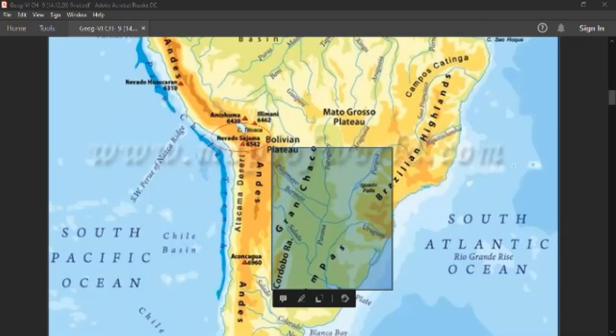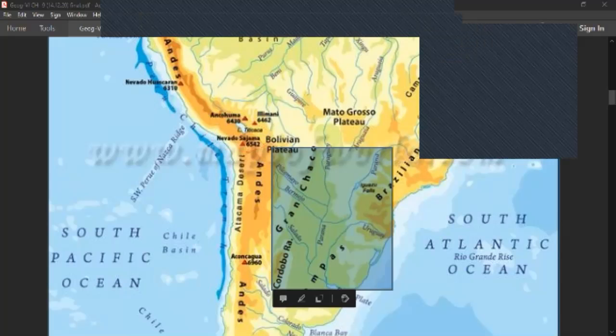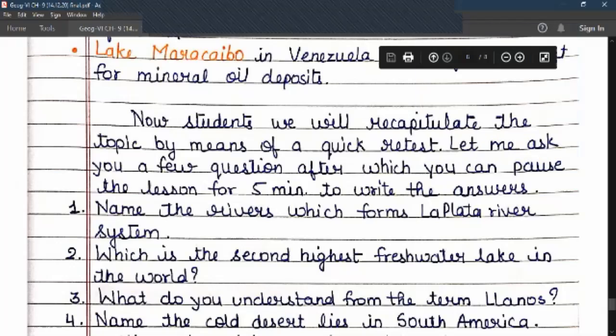Now students, we will recapitulate the topic by means of a quick retest. So let me ask you a few questions, after which you can pause the lesson for 5 minutes to write down the answers.